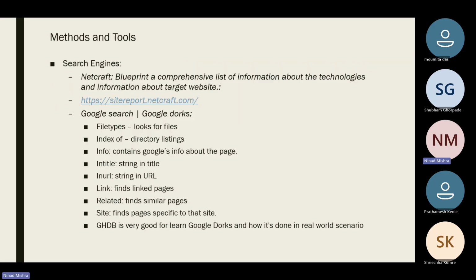Then, what are the different methods and tools? The first one we can see is the search engine Netcraft. It is, what we can say, a blueprint list of information about technologies and information about the target website. So we'll see this Netcraft tool.